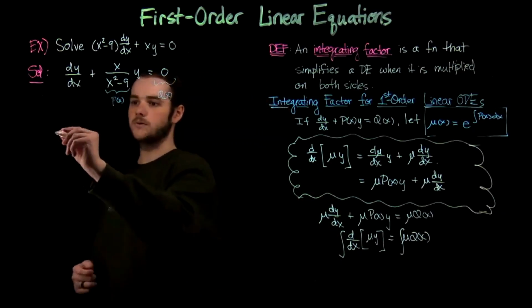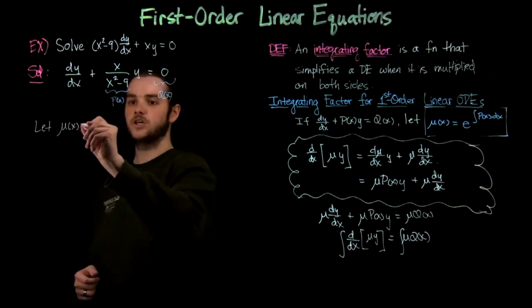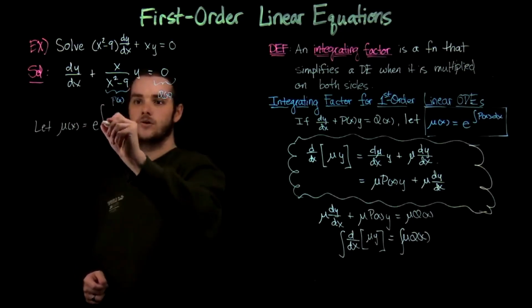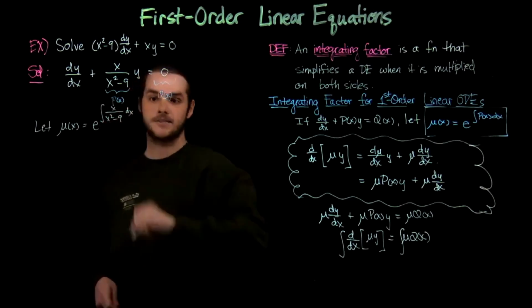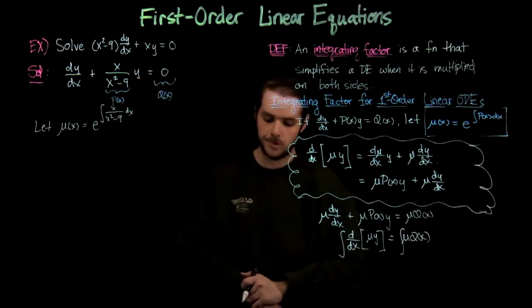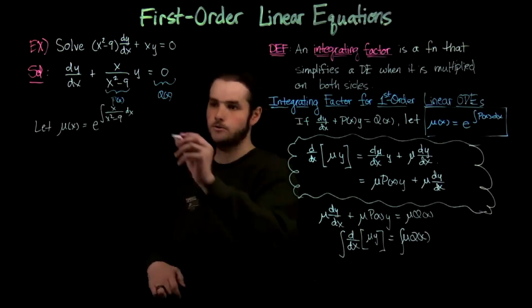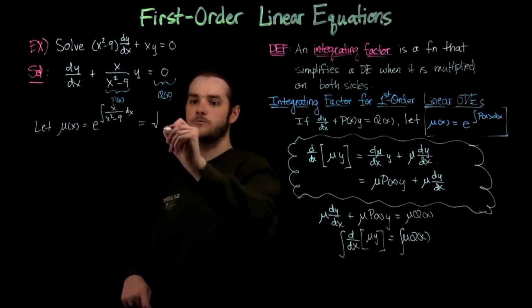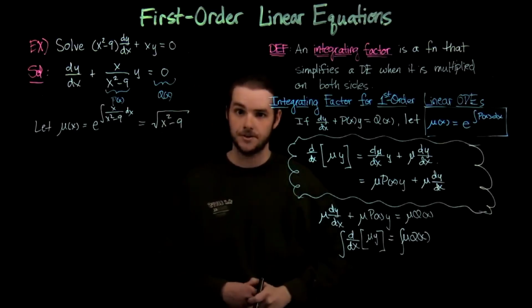So I build the integrating factor by letting mu be the function e to the integral x over x squared minus 9 dx. Using a u substitution and some laws of exponentials, you should arrive at the square root of x squared minus 9 being our integrating factor.